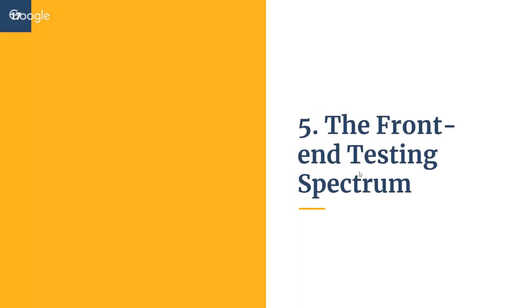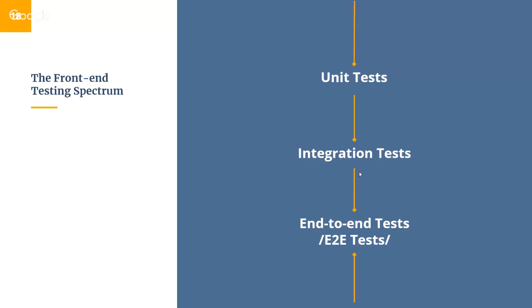Now that we know the types of tests, let's look at the testing spectrum. Tests are different in scope and aim, and that's why there is a spectrum that aims to arrange all these tests to make our lives a bit easier. This is the spectrum in a very narrow sense. The tests here, all of which we took a look at previously, are arranged by their scope, as you know now.